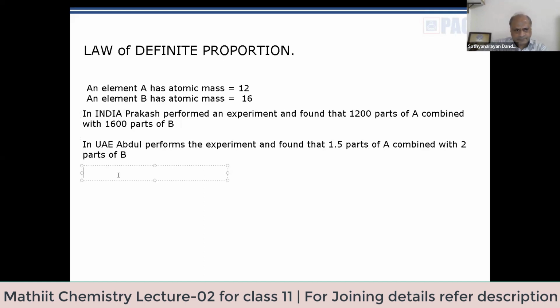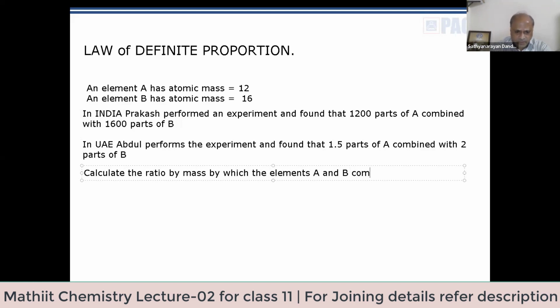Calculate the ratio by mass by which the elements A and B combine, and also determine the formula of this compound, in India and UAE.